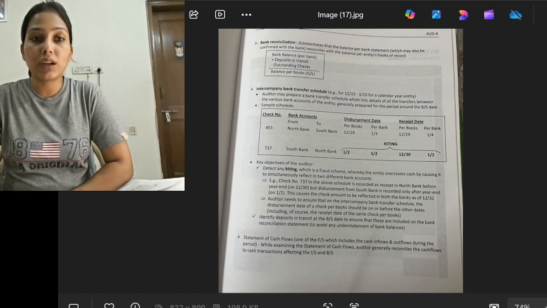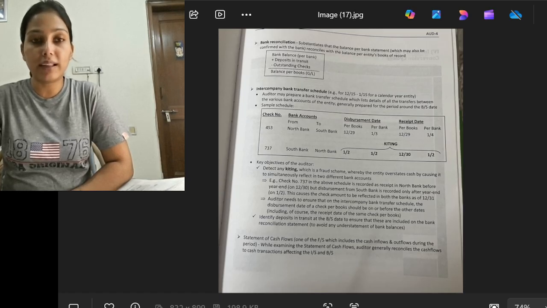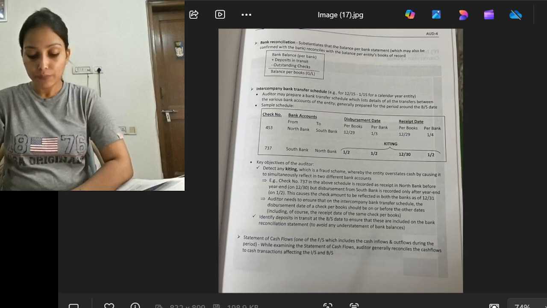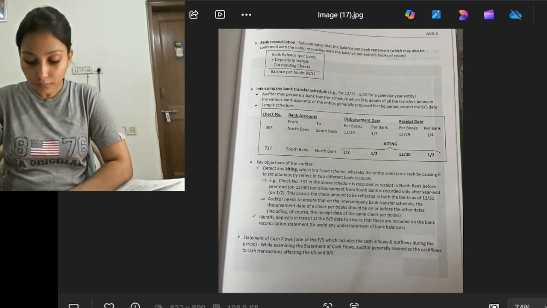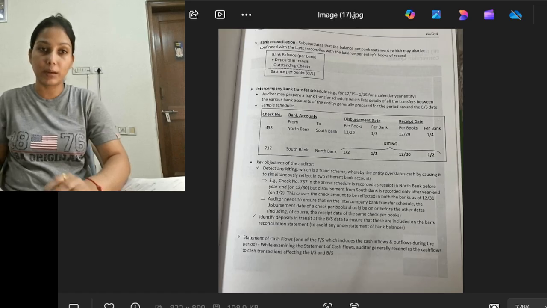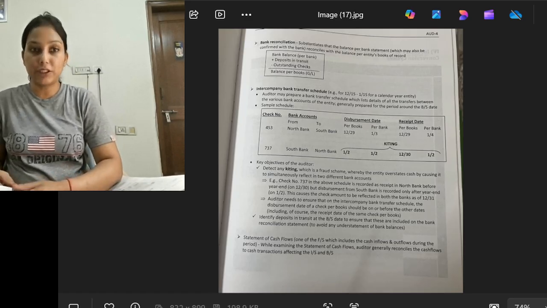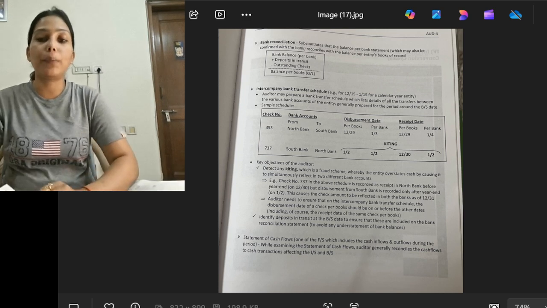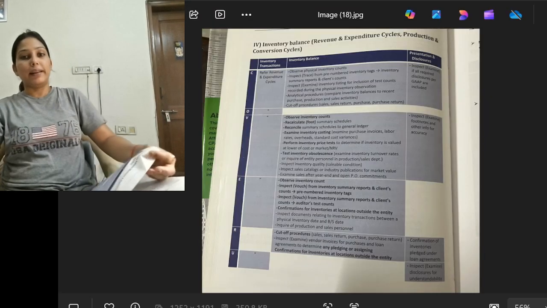So we need to reconcile to reach the balance as per the books, and for that the reconciliation is performed. If any interbank transfer schedule is there, then the auditor should knock off all those intercompany and interbank transactions to get a complete picture and to ensure that the correct amount is recorded in the cash balance.